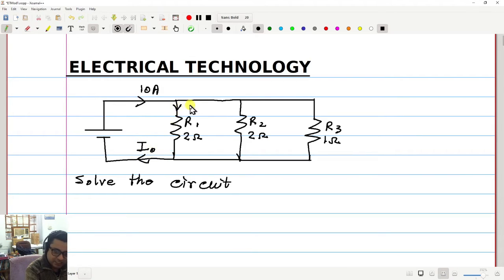Then say how much is this current? I1. Then this current? I2, I3. Find out all their values, how much these currents are, as well as find out how much is the voltage or the EMF of this battery, E. How much is that?